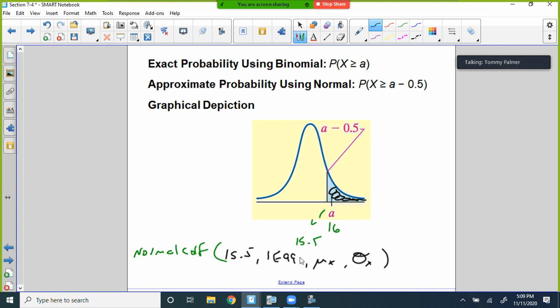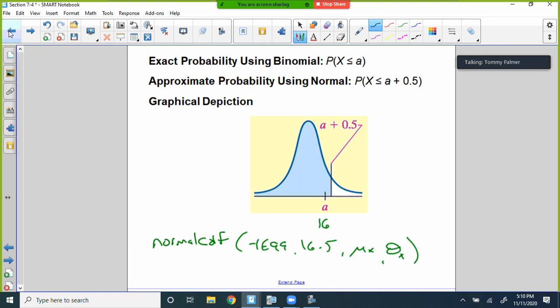When you do a normal CDF, positive 1e99 is infinity, so that is the upper bound. On the previous one, the lower bound down here would be negative infinity. How do you put that in as a lower bound? Negative 1e99. Now, how do I get the e, the scientific notation?